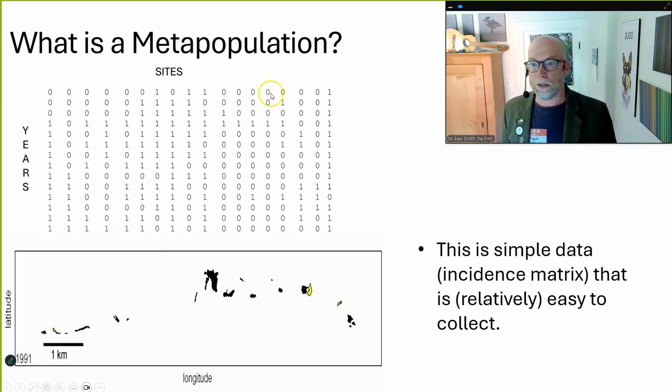So different populations across rows, and different years across columns, and so they would be colonized, and then this one would remain colonized. And this population here would be colonized and then go extinct. Colonized, extinct, colonized, extinct.